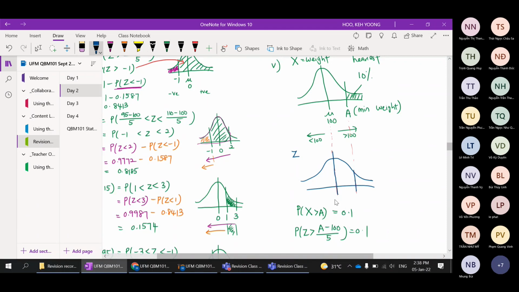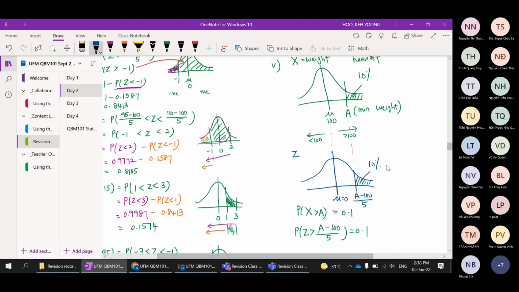The middle here, the mean, is now equal to 0. How about the A? The A is converted to Z already: minus the mean divided by the standard deviation 5. How about the percentage? Should be the same, 10%.